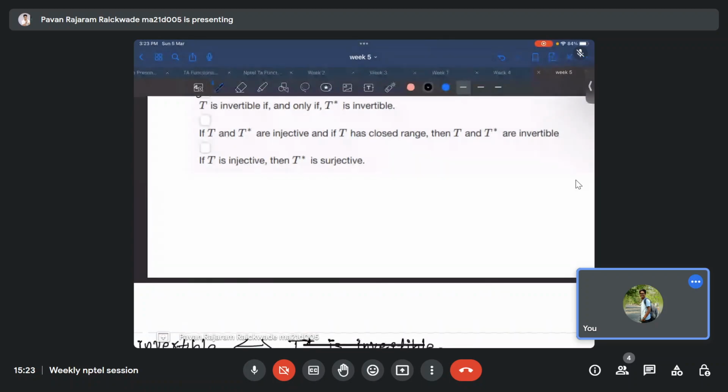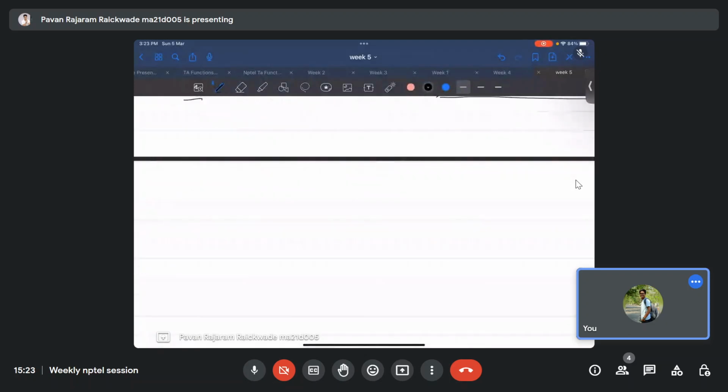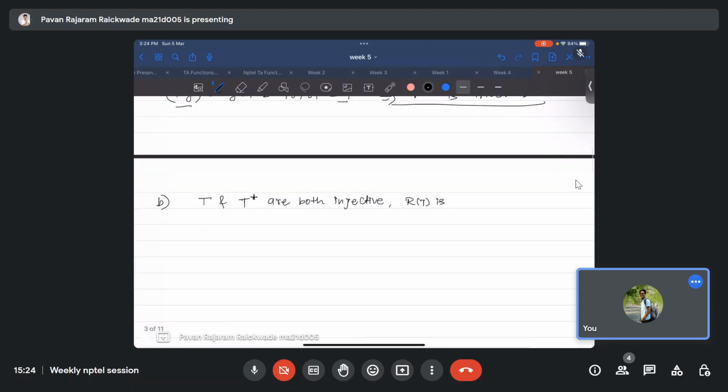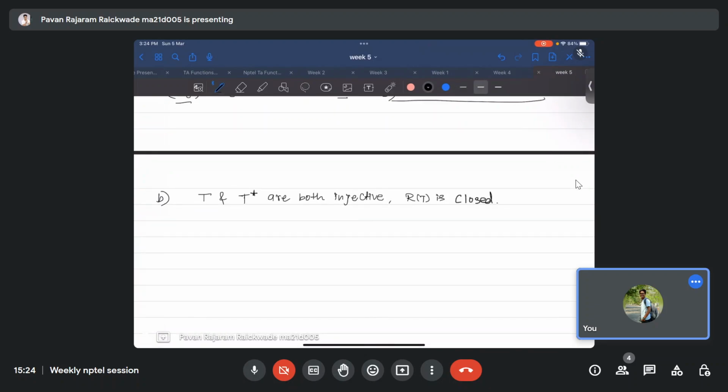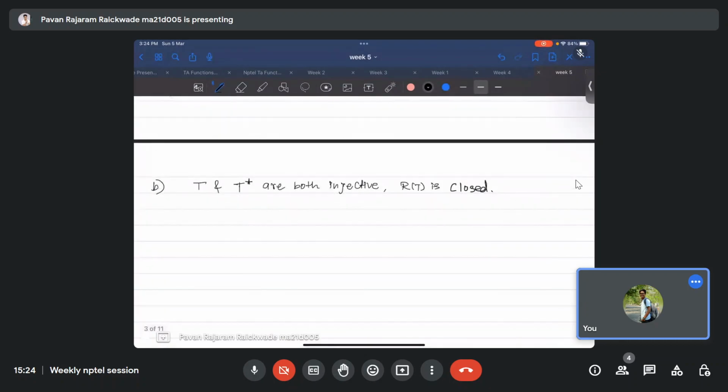So the second option says, if T and T star are both injective and the range of T is closed, then T and T star are invertible.